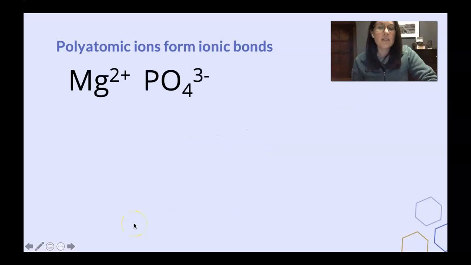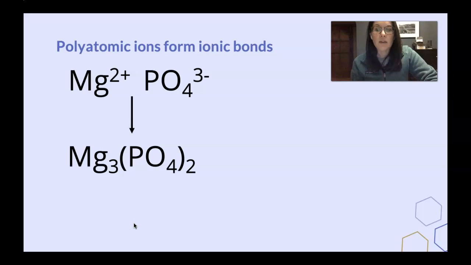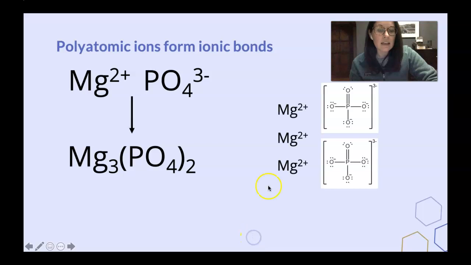All right, so let's consider the compound formed between magnesium and phosphate. When those are bonded together as an ionic compound, this is how we would write it. Mg3 parentheses PO4 and then a subscript 2. So what this actually means is that I have 3 magnesium ions.